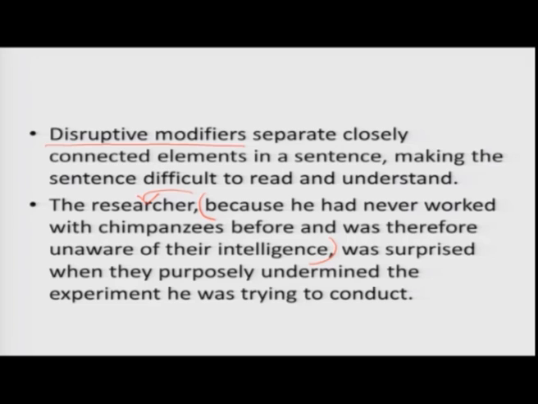You want to say the researcher was surprised when the chimpanzees purposefully undermined the experiment he was trying to conduct. This is the main idea, but this modifier here interrupts the flow of reading. So, maybe one way is you take this entire part and place it in the very beginning, and then the flow continues.